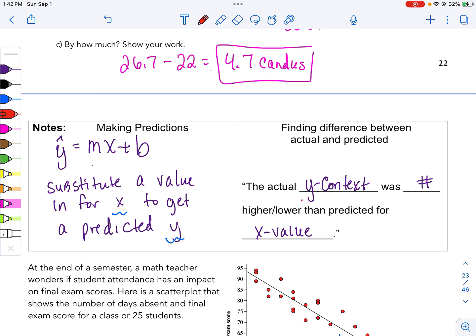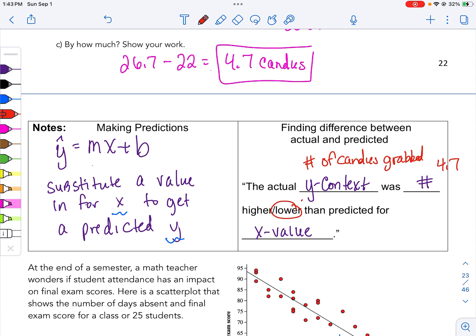So when I make a statement, it says the actual y context. Well, what did our y values represent? Our y values represent the number of candies grabbed. So I'm going to say the actual number of candies grabbed was 4.7 lower than predicted, like in the last example, for what was the x value?